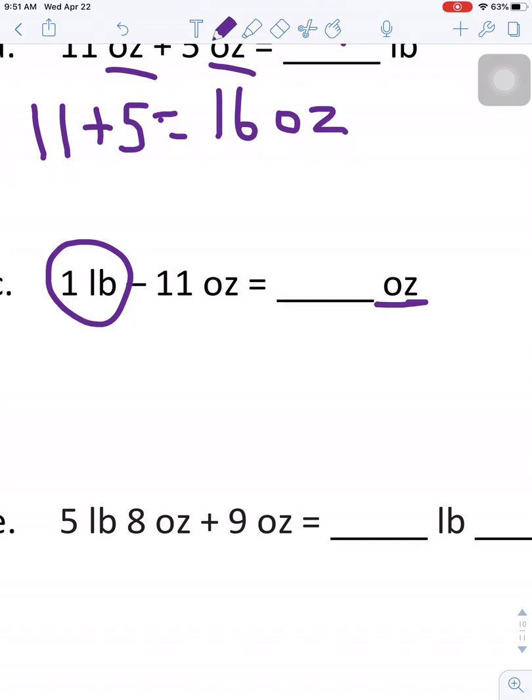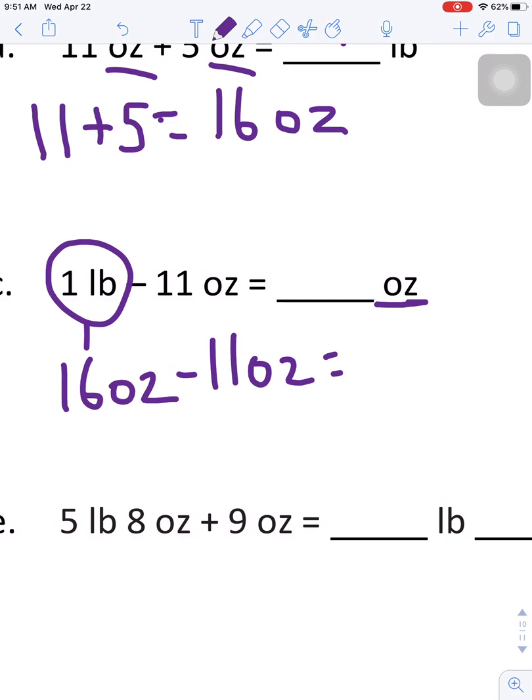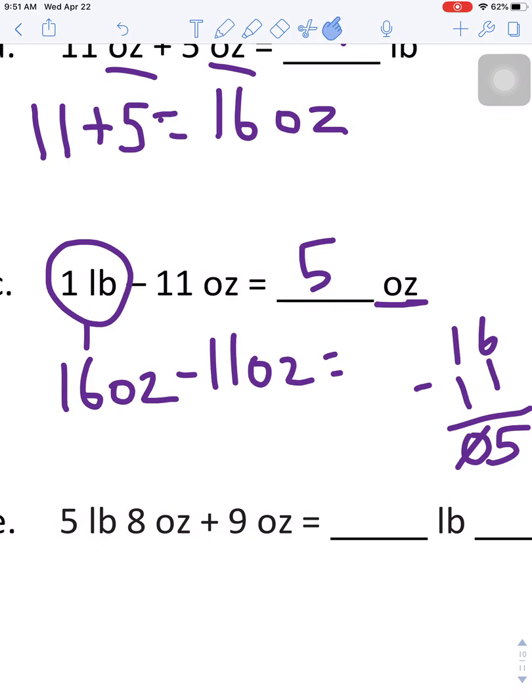I remember 1 pound is 16 ounces, so I'm going to change this into 16 ounces, and I'm going to subtract 11 ounces. So 16 minus, not plus, apologize for that. 16 minus 11 would give me 5 ounces. Wow, that wasn't so hard actually.